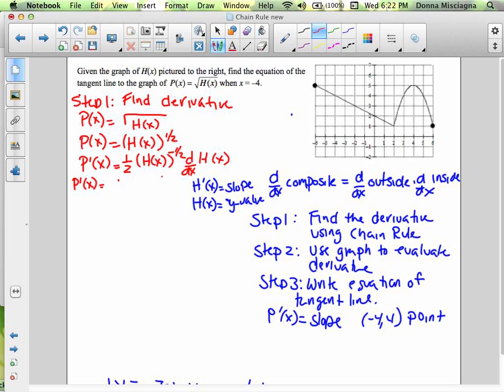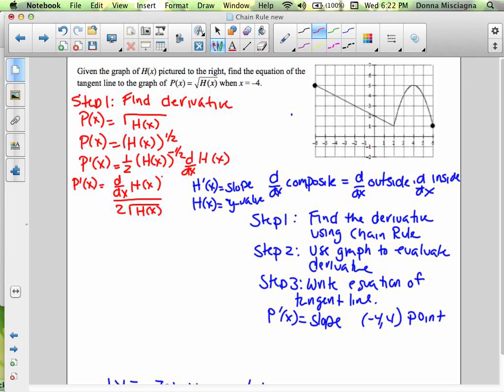The derivative of h of x over 2 square roots of h of x. Now how are we going to find h of x? Well, we can use the graph. So we found the derivative using the chain rule. Use the graph to evaluate the derivative.